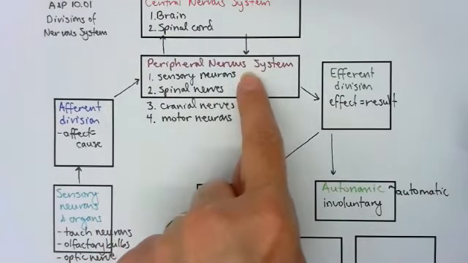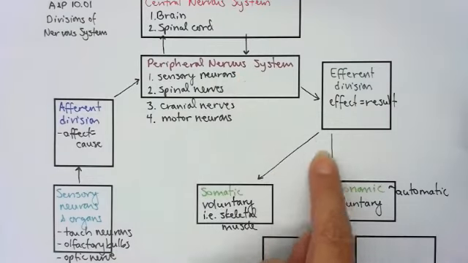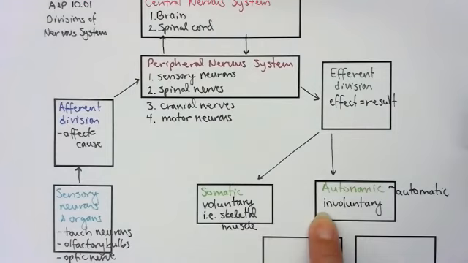So your brain sends a signal out through your nerves. And this one, we're going to hit the autonomic. Your heart rate's going to go up, your face is going to blush, you're going to have an embarrassment response. And you have no control over that. So because you don't have control of that, it's autonomic.